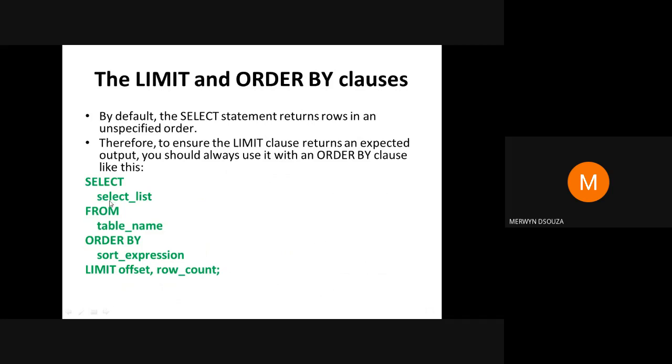Select select list from table name, order by sort expression. Then after the order by clause, you put the limit clause with the offset and the row count. Remember always that the offset is optional. You need not use it always. You could just use the row count.